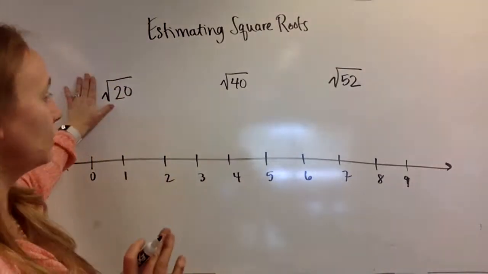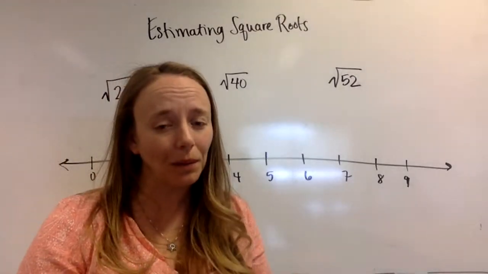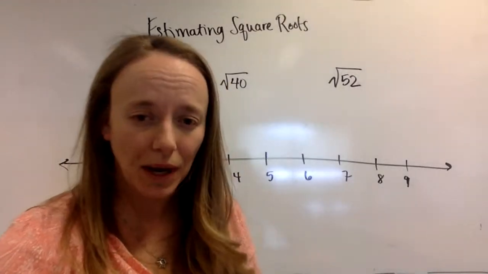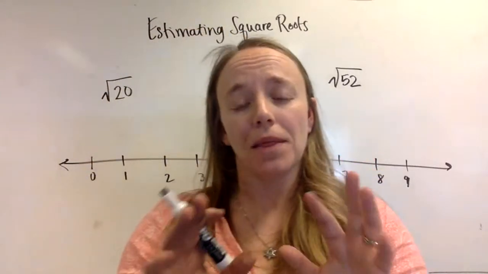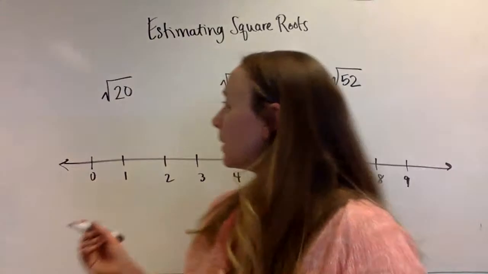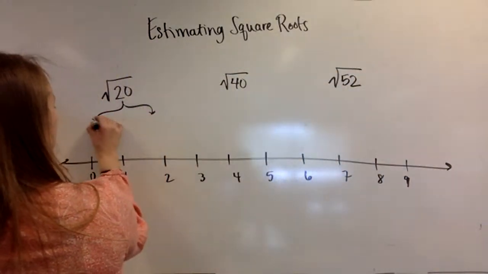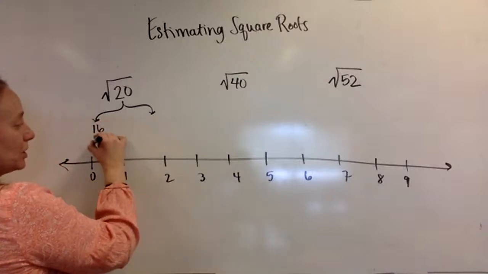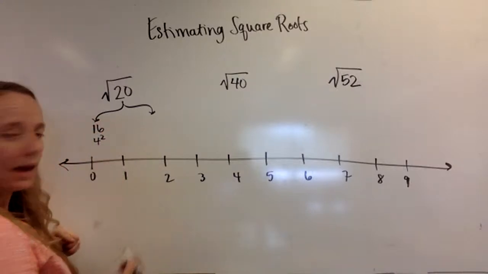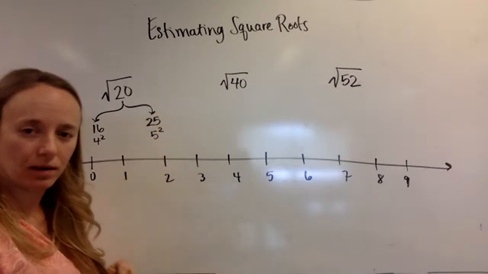If I look at the square root of 20, I need to ask myself every single time, what two whole numbers is the square root of 20 in between? So I need to think about 20 as a number that could be written as a square root. 20 is between 16, which is 4 squared, and 25, which is 5 squared, right?